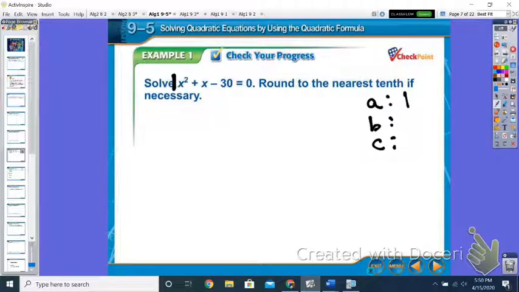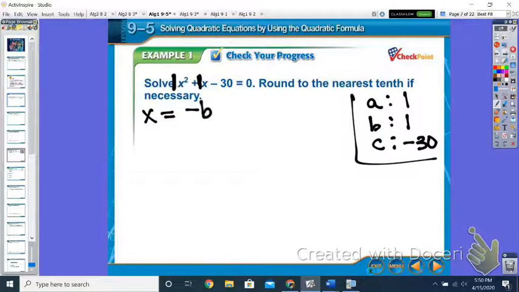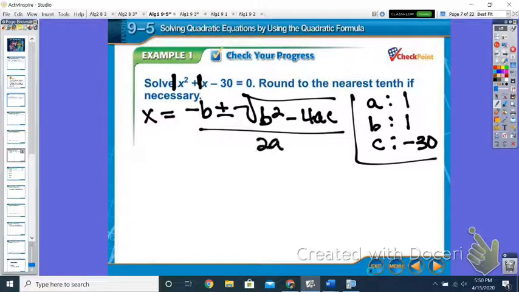B is also going to be 1 because that's basically a +1. And C is -30. Right? So I'm looking at x equals -b plus or minus the square root of b squared minus 4ac all over 2a. And I'm going to substitute.